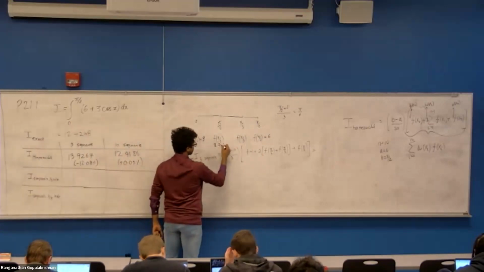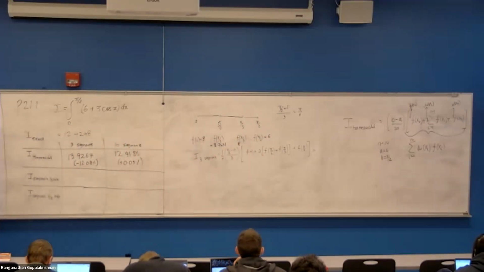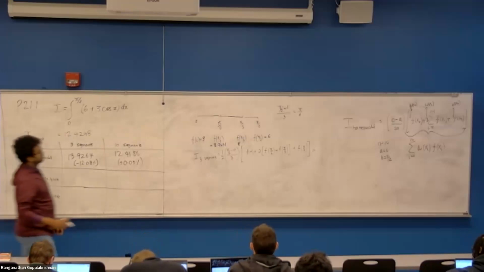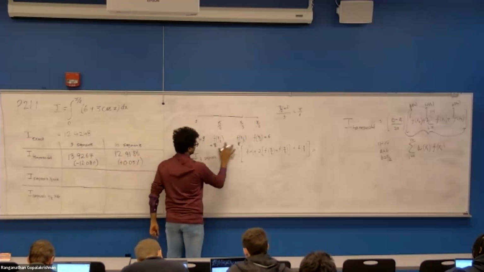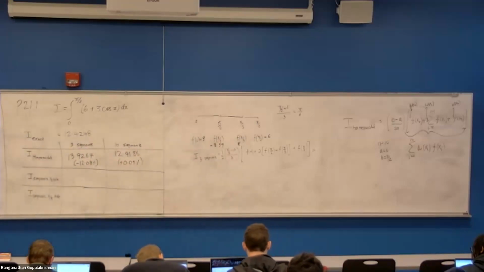And f of pi by 3 is 8.5981 and then 7.5.